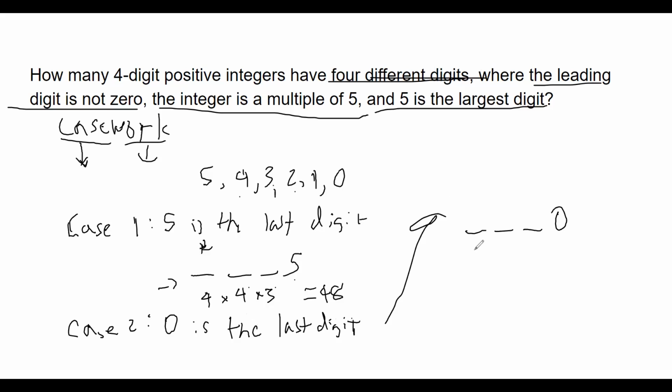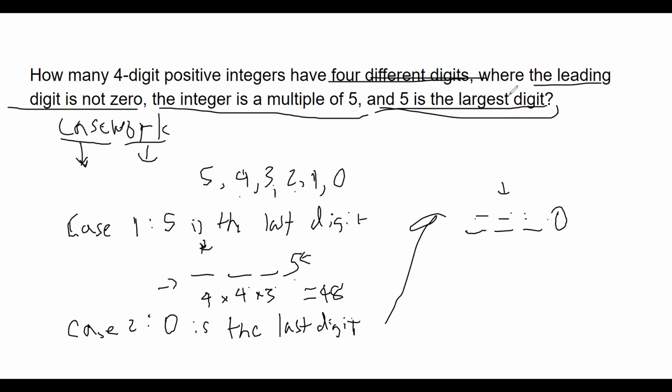How many options are there for this first number now? Actually, no. I think that it's something before this. Since 5 is not the last digit here, that means that 5 must be one of the 3 digits here, because 5 is the largest digit, which implies that 5 is a digit in the number.